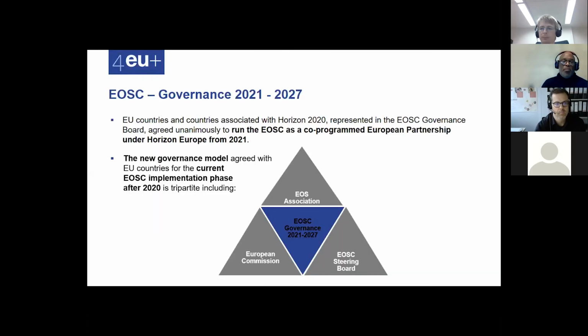Just a little bit about the next steps for the European Open Science Cloud and its federated service.